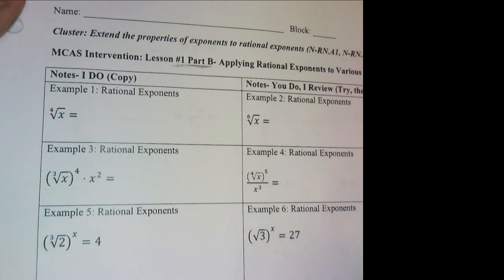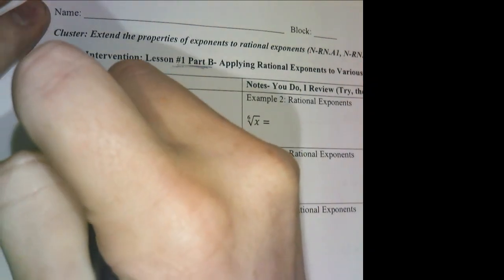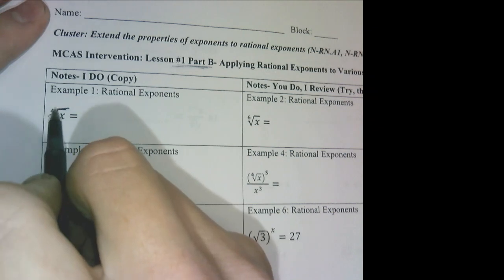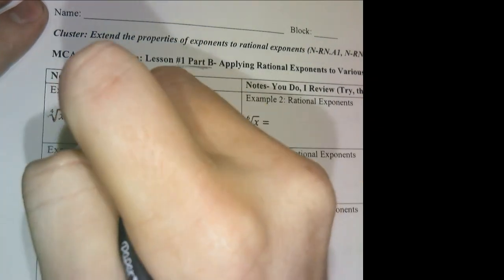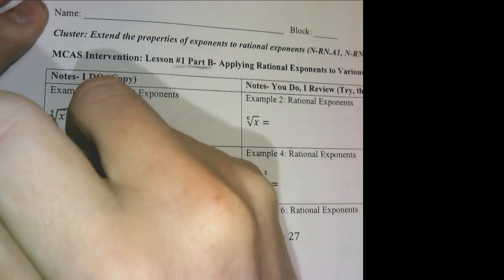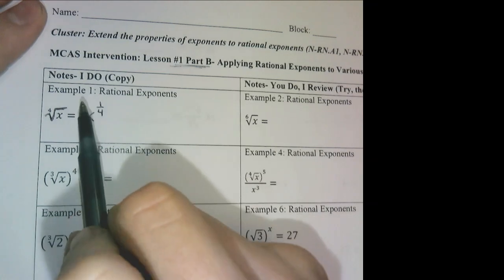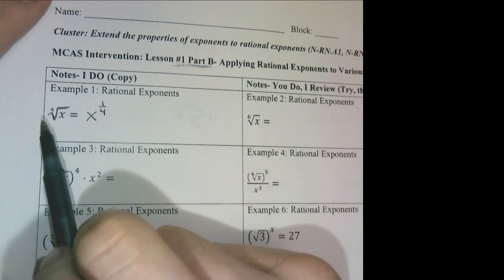Example 1, rational exponents. In the first lesson, we took radicals, things with some kind of root. This one is the fourth root, and we rewrote them as rational exponents. If it's the fourth root, we put it as 1 over 4. In other words, we need 4 things multiplied together to get us back to x.